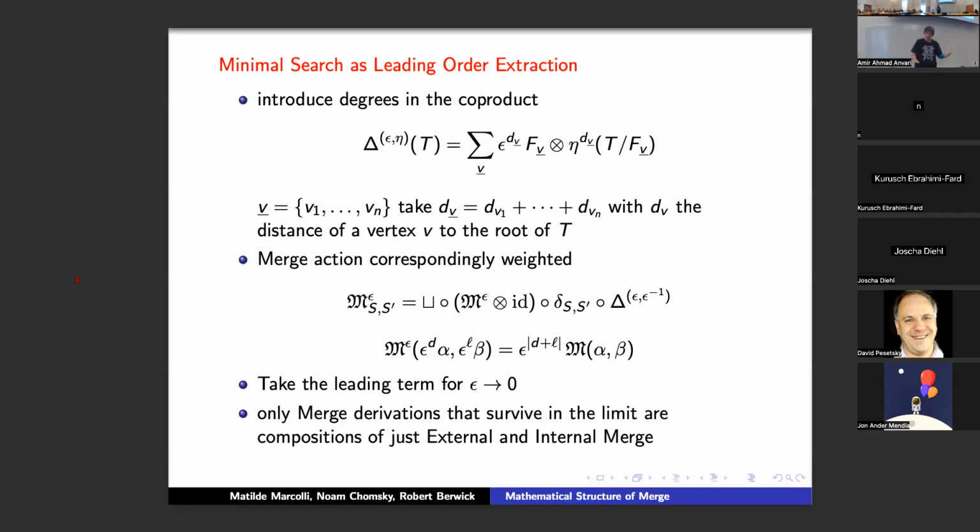And the thing is, if you do that, and then you take only the leading term when this weight parameter goes to 0, the only things that survive are the external merge and the internal merge. So those are the leading order terms with respect to this cost.